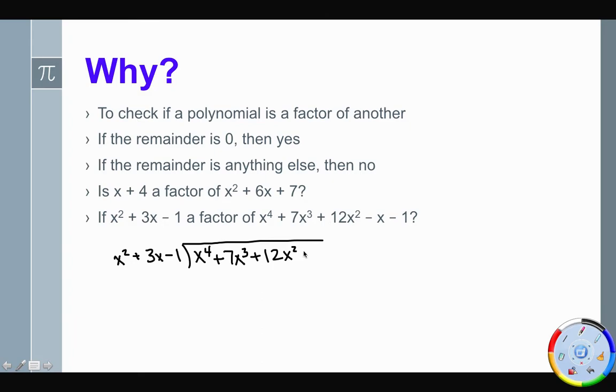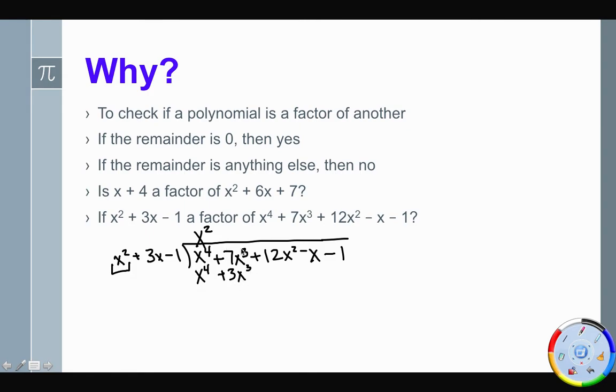12x squared minus x minus 1. And we do the same thing. What can I multiply by x squared to get x to the fourth? We know that to be x squared. And if I multiply x squared by the polynomial in front, I get x to the fourth. X squared times 3x is plus 3x cubed.